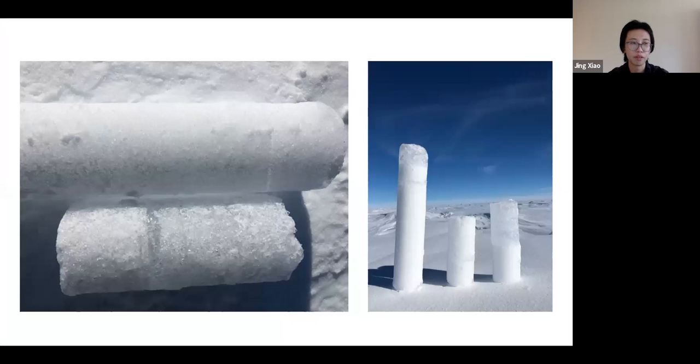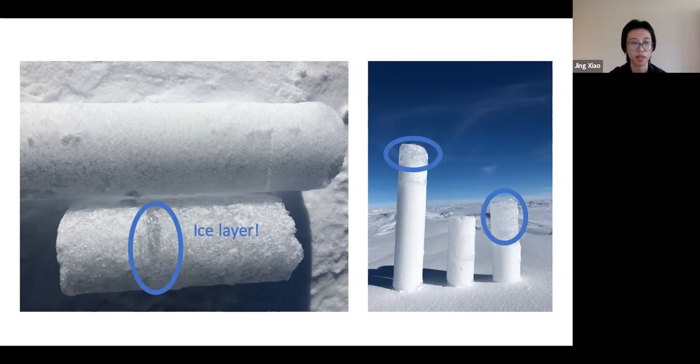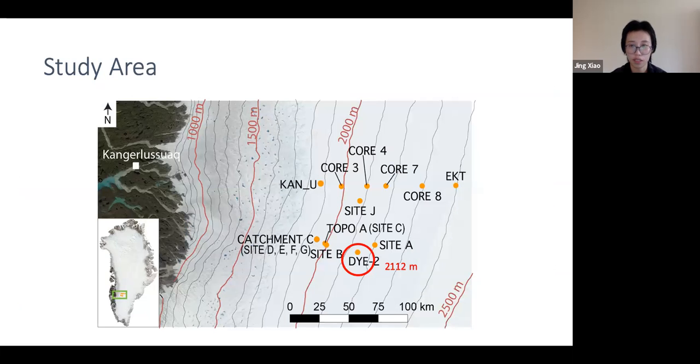These are some example photos of the cores. For example, in the left photo, we can see most of the segment is firn, but still there are some ice layers. Out of these 14 sites, here is site DI2, which I will talk more about later.